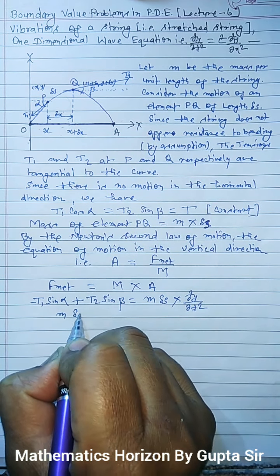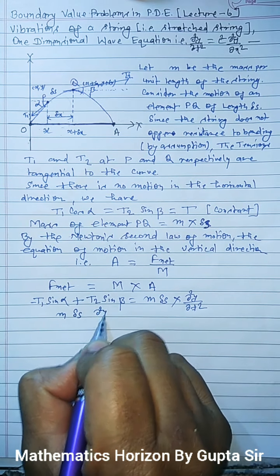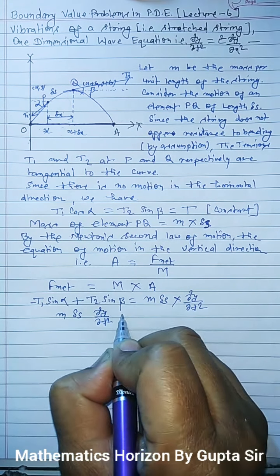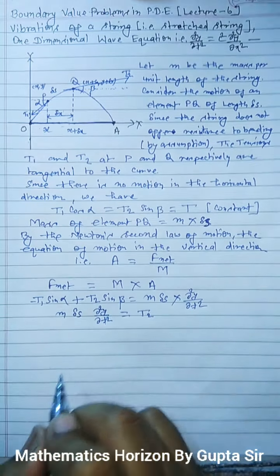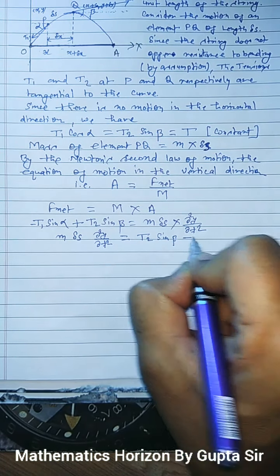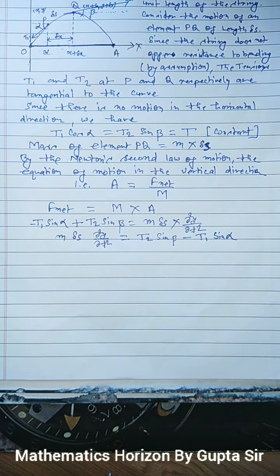m del S d2y upon dt2 is equal to T2 sin beta minus T1 sin alpha.